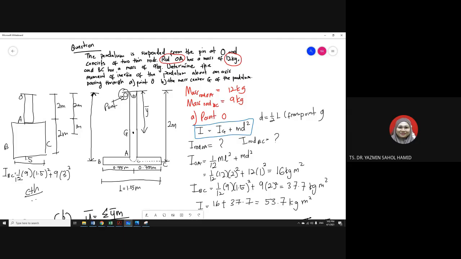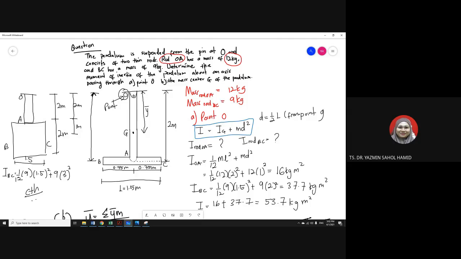Rod BC dekat bawah ni, yang petak segi empat tepat ni, yang panjang ni, dia punya mass ialah 9 kg. Now, soalan dia, determine the moment of inertia of the pendulum about an axis passing through point O. So, sekarang ni dia suruh kita calculate I bila dia passing through point O. Dia bukan dekat point G sekarang ni.